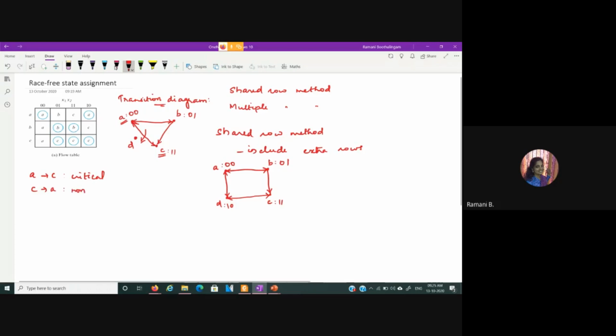However, when we assign values, we will be overcoming both of these race conditions. Wherever we have a transition from A to C or C to A, we will introduce an intermediate unstable state D over there.